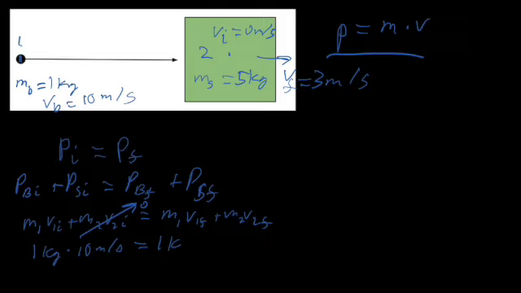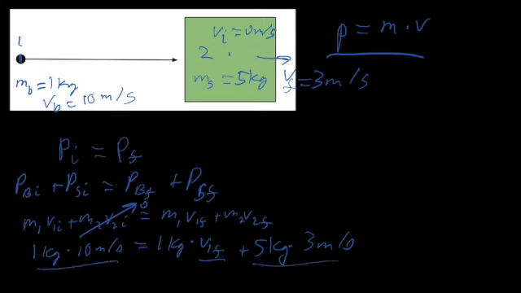So the mass of the ball is 1 kilogram times the initial velocity, which is 10 meters per second, and that equals 1 kilogram times what we're trying to find, plus 5 kilograms times 3 meters per second. Let's rearrange this. The left side is equal to 10 and the 5 times 3 is equal to 15, so it's addition, and we can subtract 15 on both sides to get negative 5.